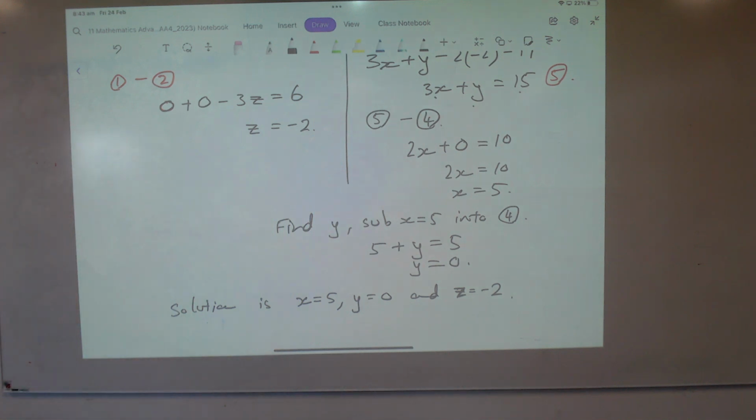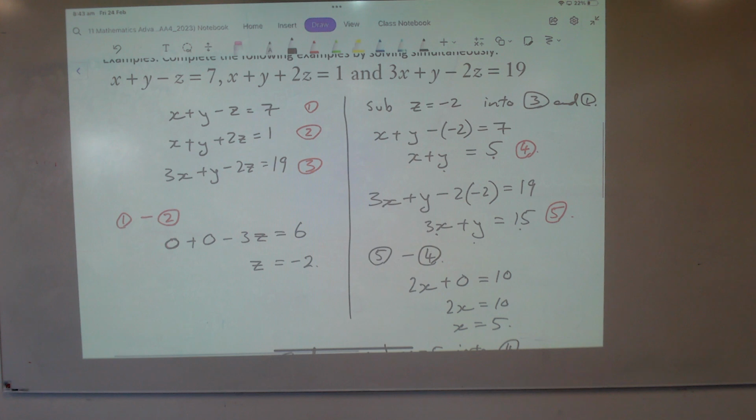Any questions? So how would you graph this? Yeah, the graph for all of these 3 things are, I'll show you actually at the end. I'll pull something out, but they're planes. Planes in 3 dimensions. So x plus y minus z equals 7 represents kind of a plane, like imagine this wall. And then x plus y plus 2z minus 1 is a different plane at a different angle, and then the third one is a different plane.